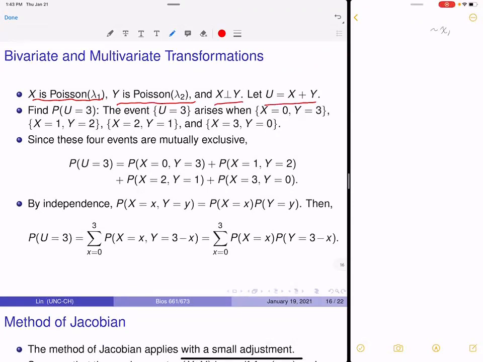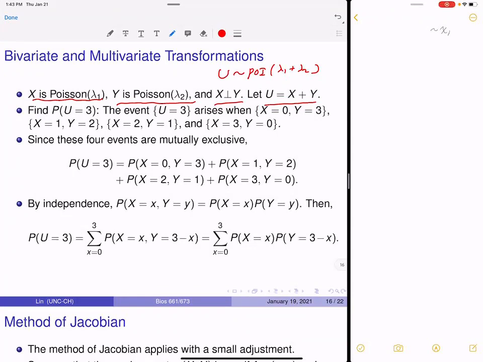Can anyone tell me what distribution it follows, without any derivation of the Poisson PDF? I think you got to know it if you want to get a degree. X plus y, independent, Poisson plus Poisson is still Poisson, easy. The parameter is lambda 1 plus lambda 2, also easy.